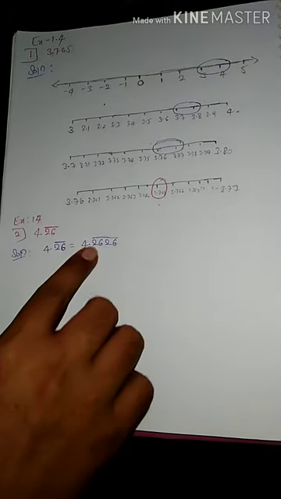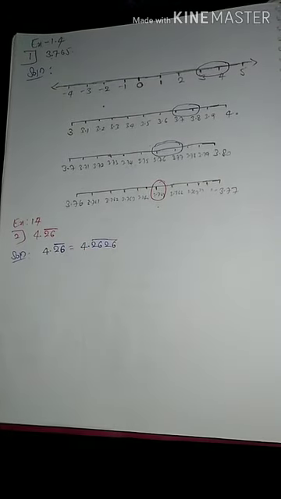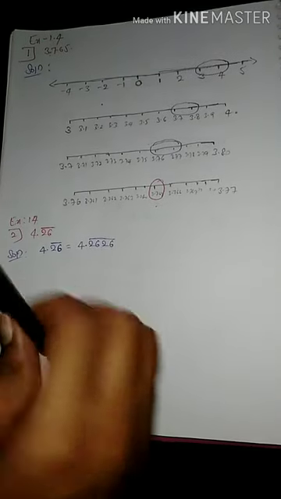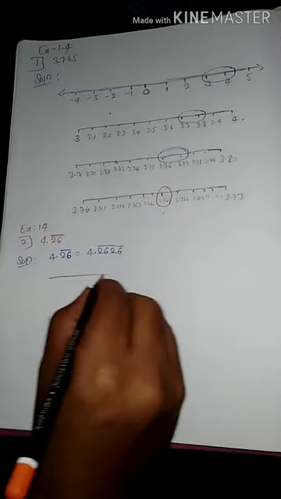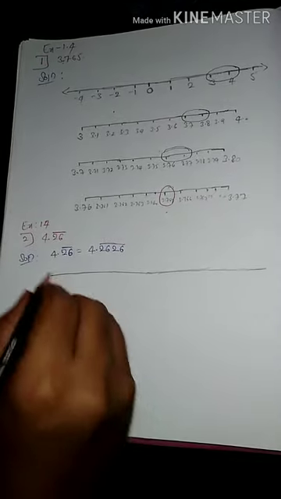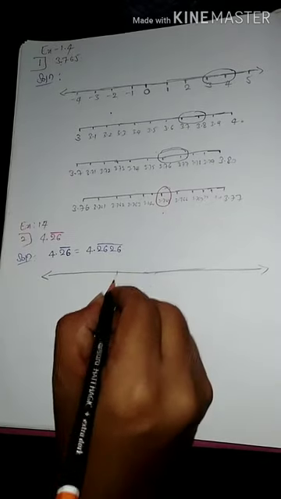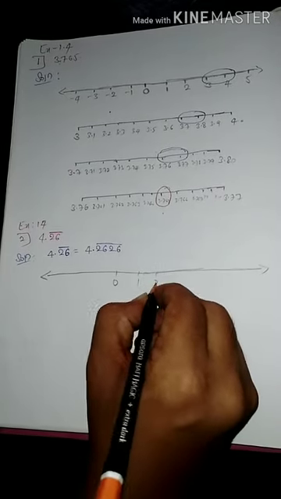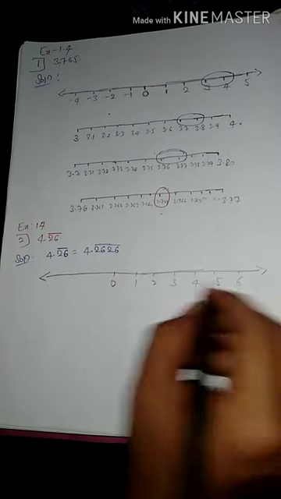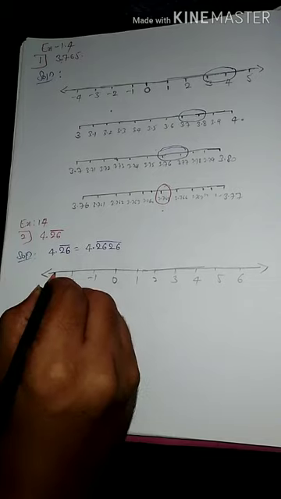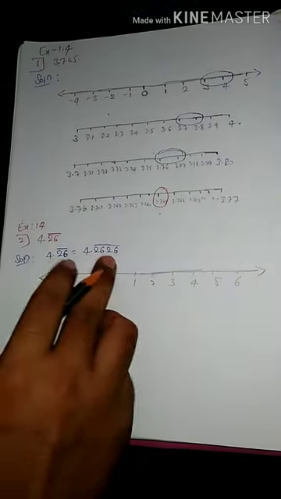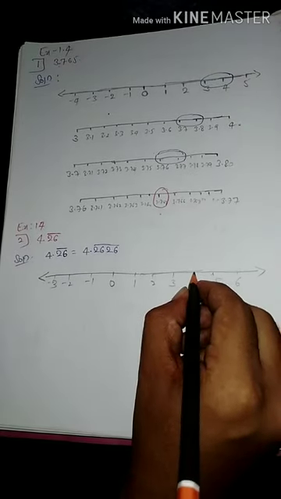Students, we know that 4.2626 lies between 4 and 5. So draw the number line: 0, 1, 2, 3, 4, 5, 6, and here -1, -2. We clearly noticed that 4.2626 lies between 4 and 5.